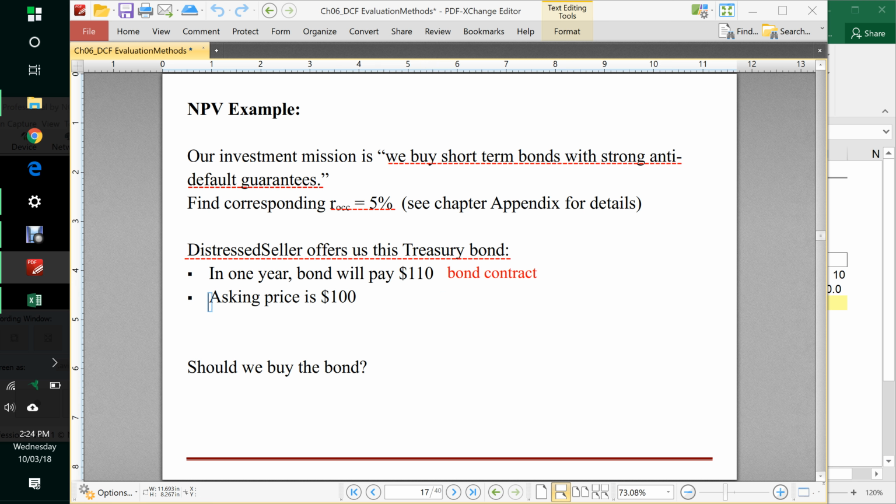I want to sell this bond to you for $100. So should we buy the bond? We're going to answer with NPV, right? This is our new great way to suss all this stuff out.